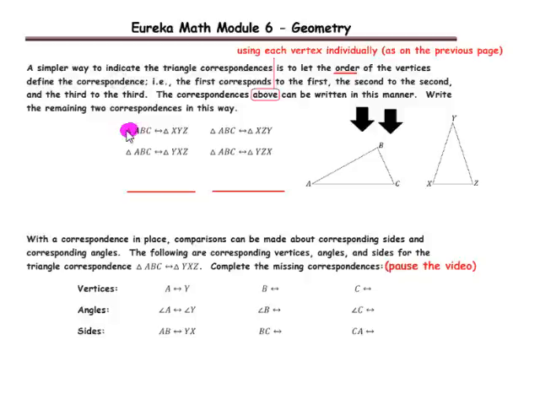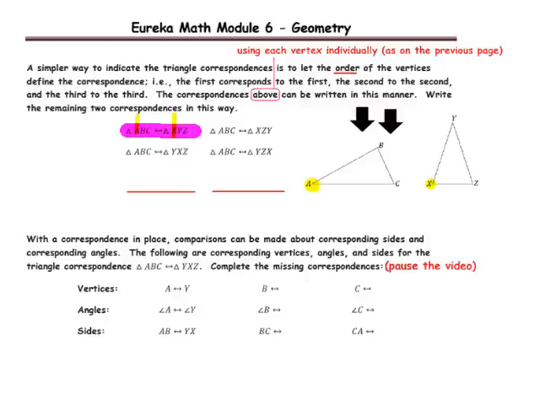Here it says triangle ABC corresponds to triangle XYZ. And what that means is that the first vertex A corresponds to the first vertex X. Here is A and here is X, and those are corresponding because they're in the first position.